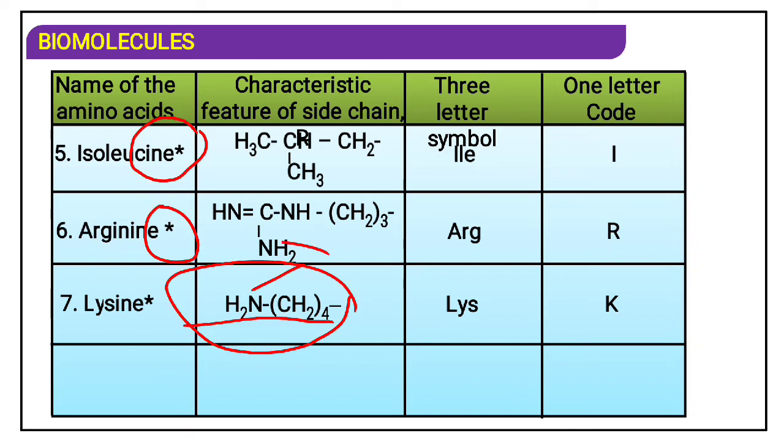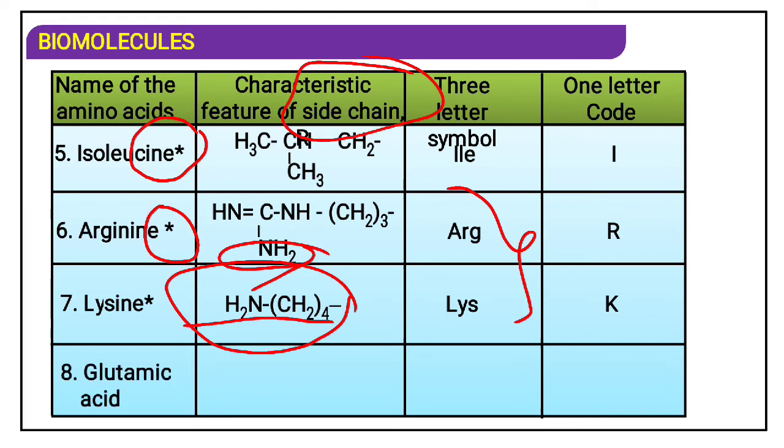You can look at arginine also. In arginine, the main structure has one NH2 group, and the side chain also has one NH2 group. That's why two NH2 groups are present, and that's why both are called basic amino acids.